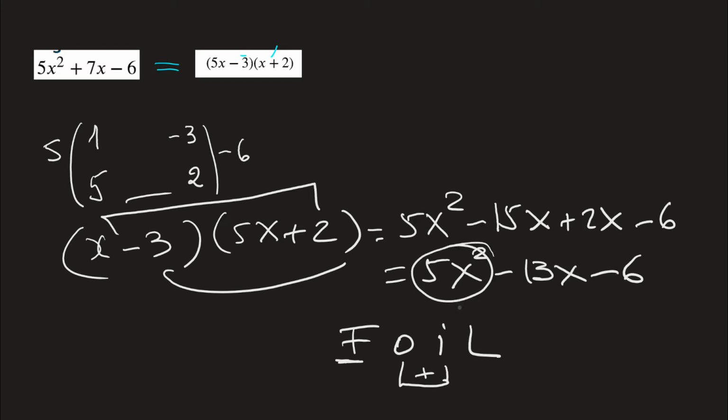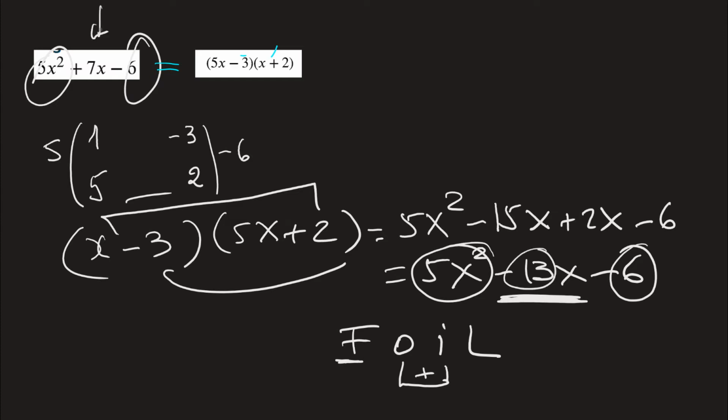You got this expression here, but you got the wrong coefficient for x. It's supposed to be a 7 and you got a minus 13. Then guess the other way. Instead of minus 3, 2, write down 2, 3, and things change because you have x plus 2 times 5x minus 3.